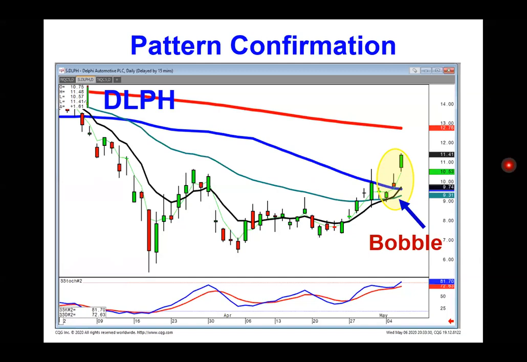They buy exuberantly at the top, or they panic sell at the bottom. So that's the human emotions. That's the normal trading environment when people are putting their money on the line. So what the candlestick does is it illustrates what most people do.